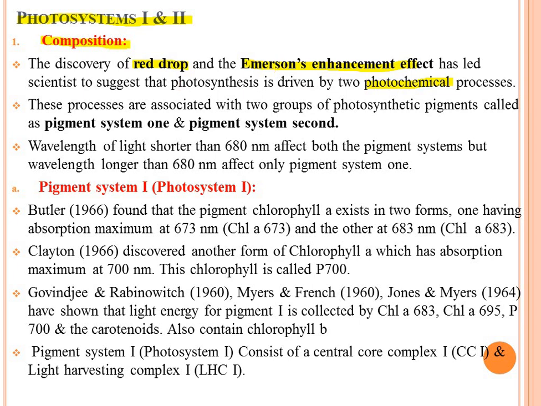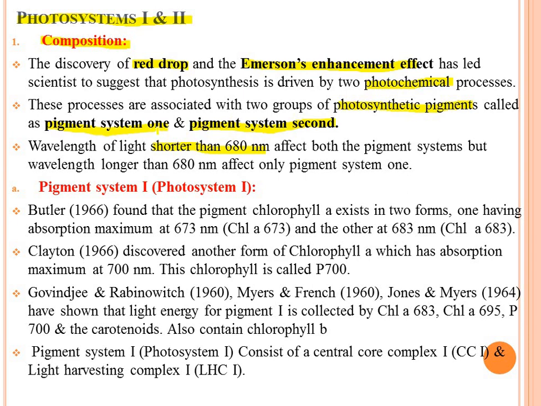Then the next point is these processes are associated with 2 groups of photosynthetic pigments, called pigment system 1, also known as photosystem 1, and pigment system 2, also known as photosystem 2. Wavelengths of light shorter than 680 nanometer affect both pigment systems.